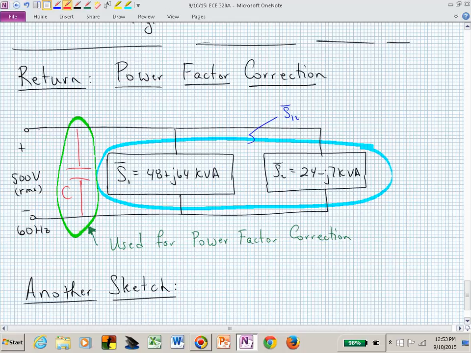They are assuming that you don't have a lot of heavy equipment or machinery that looks fairly inductive. Hopefully your power factor is very close to 1. So when the power company is supplying this residential area, it looks fairly resistive, not very reactive.